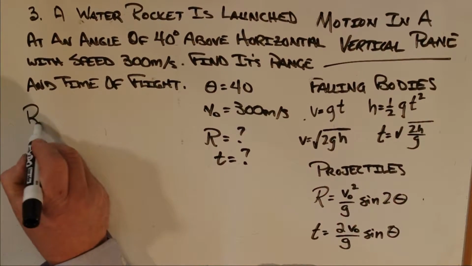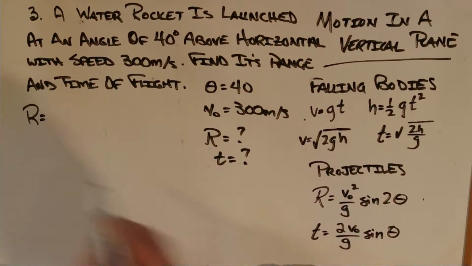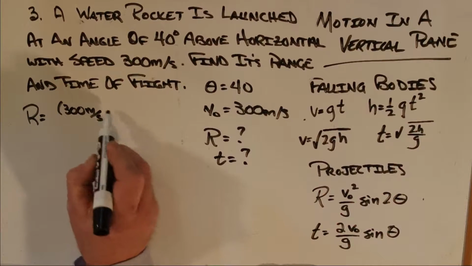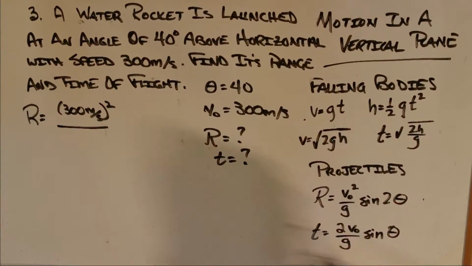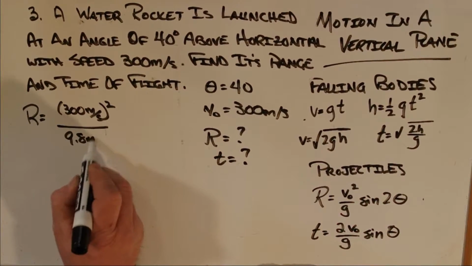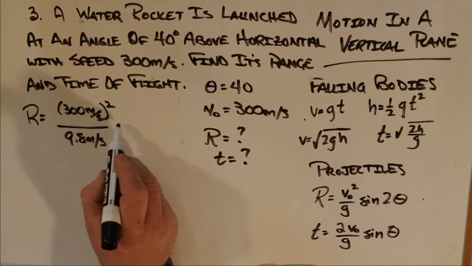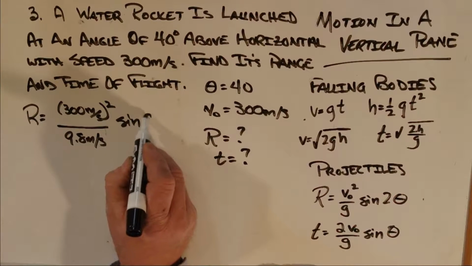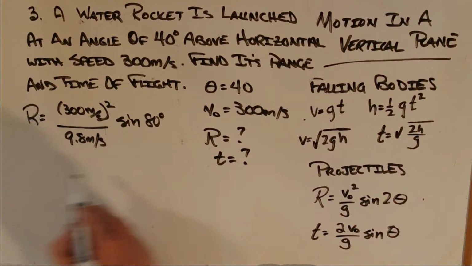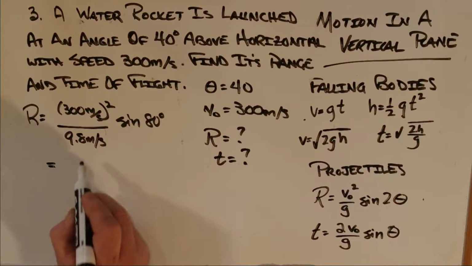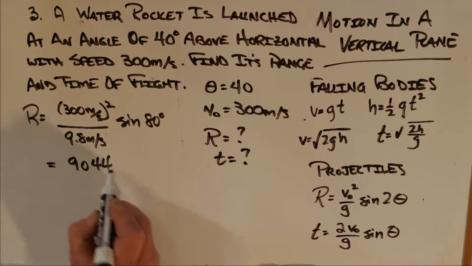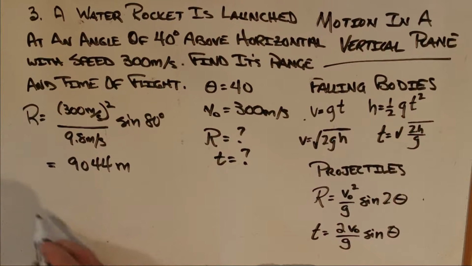And so we'll have range equal to v sub 0 squared, 300 meters per second quantity squared, divided by the gravitational constant 9.8 meters per second squared, that should be again, times the sine of 2 times theta, theta being 40, we'll have the sine of 80 degrees. And when we do the arithmetic, the range turns out to be 9,044 meters.